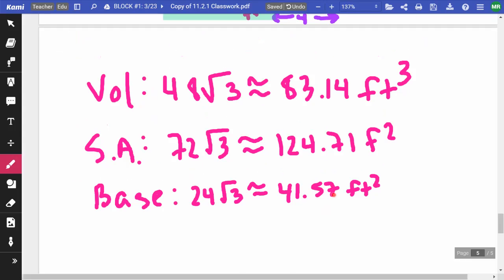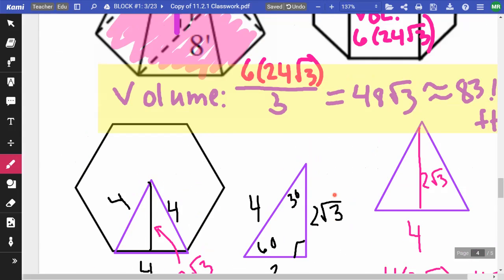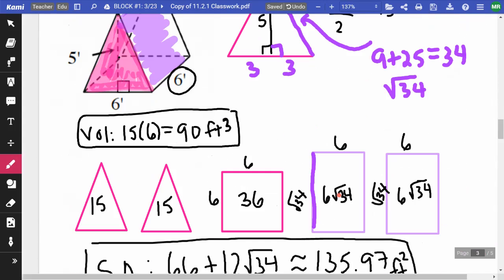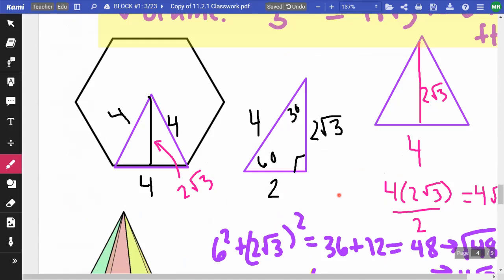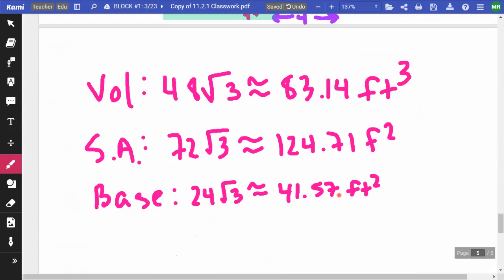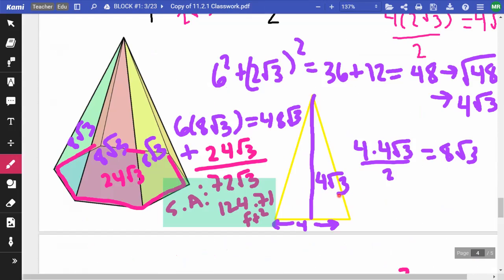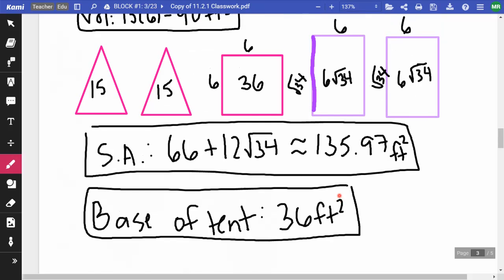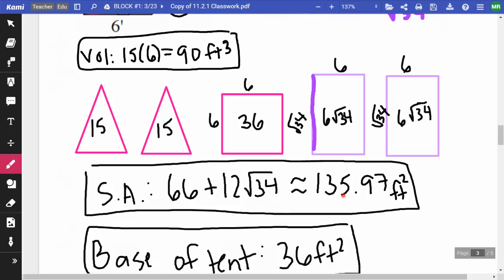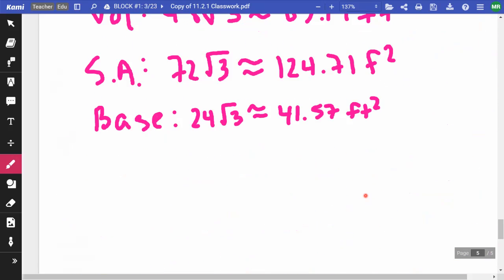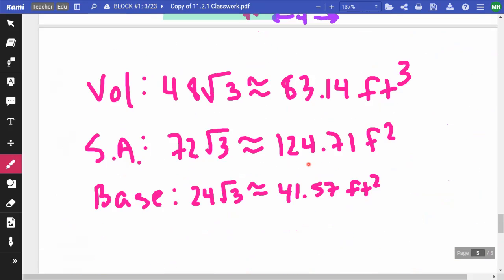So that is what I have for my pyramid. My surface area and volume for this one was 90, the other one was 83. So the volume, the space in the other tent, the prism tent, was bigger. My surface area is 135.97, and this surface area is 124.71.